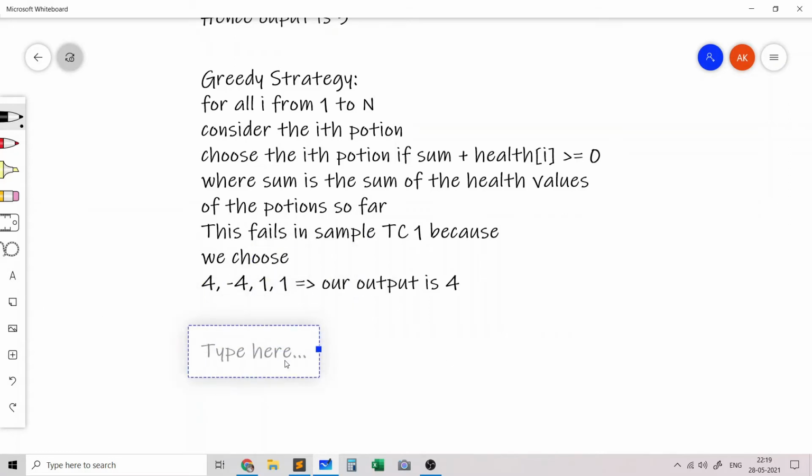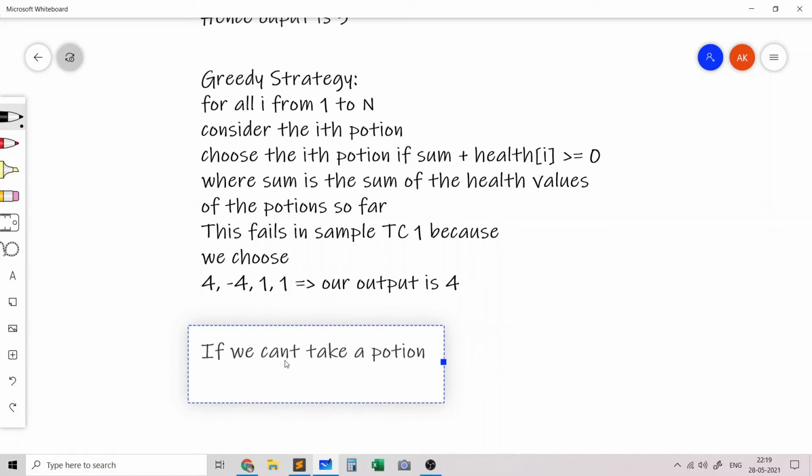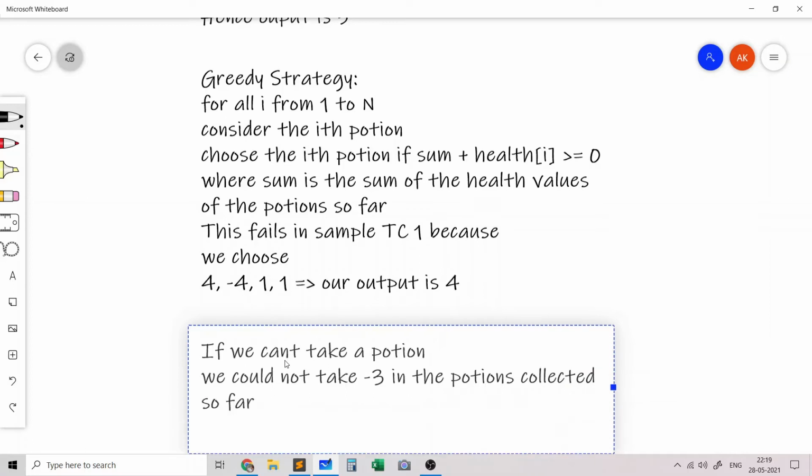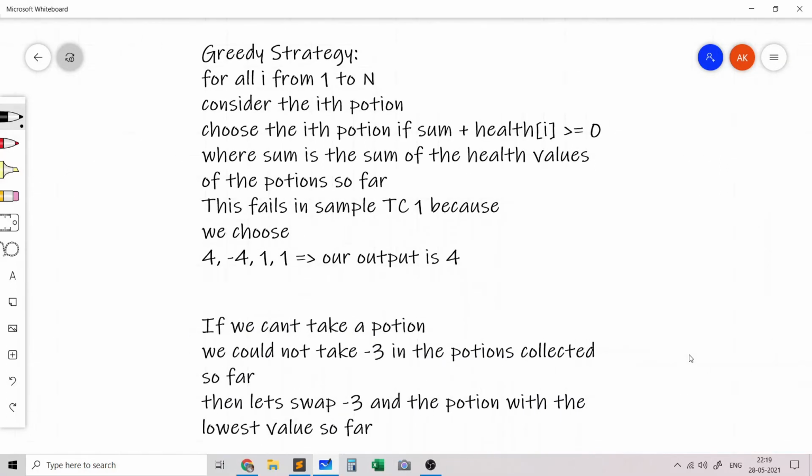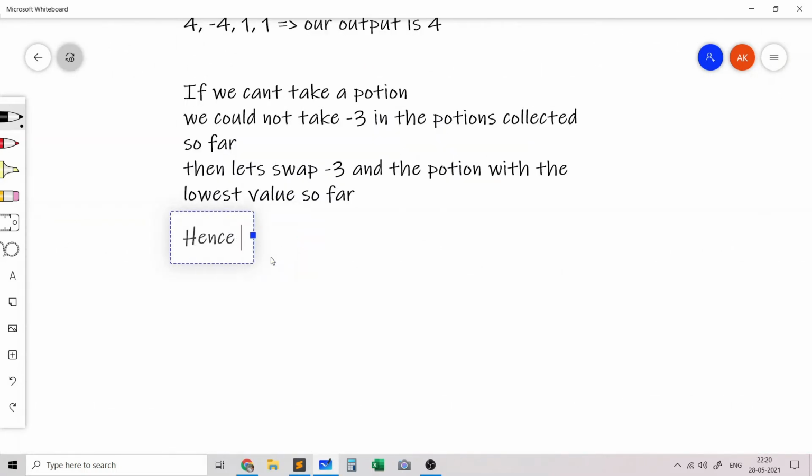So let's do the following thing. If we can't take a potion, let's say -3, in the potions collected so far, then let's swap -3 with the potion with the lowest value so far. This is the key idea behind the whole solution: we swap -3 with -4.